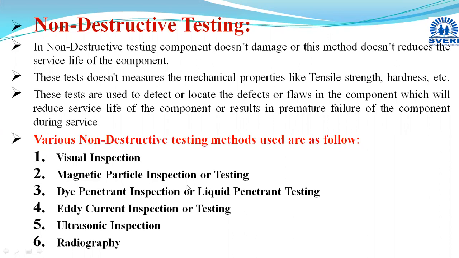Then dye penetrant inspection, which is also termed as liquid penetrant testing. Already we have conducted one practical on this dye penetrant testing, but still I will repeat it. And then eddy current inspection or eddy current testing, then ultrasonic inspection, and radiography. So these 6 different non-destructive testing methods are there. Now, one by one, we are going to discuss this. We will start with the first one, visual inspection.